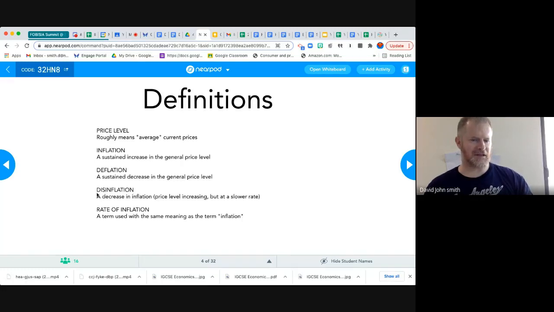And we hinted at this a little while ago now, that you could have a decrease in the inflation rate. So this disinflation idea is about the rate of change of the price levels. So we suggest that inflation is still occurring, it's just happening at a slower rate. All right, so inflation at a slower rate is the idea of disinflation.